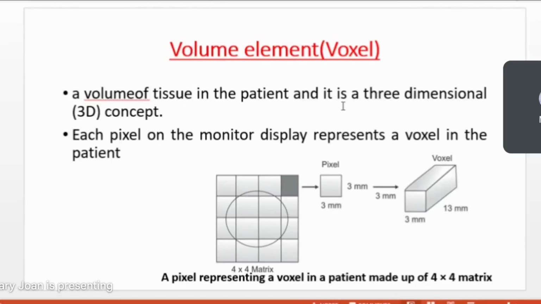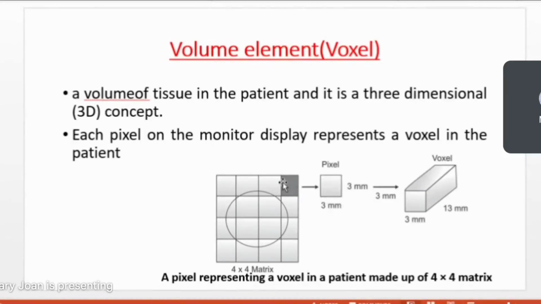The volume element is the voxel. Here you can understand that it is a volume of tissue in the patient, and it is a three-dimensional concept. Each pixel on the monitor or display represents a voxel in the patient.